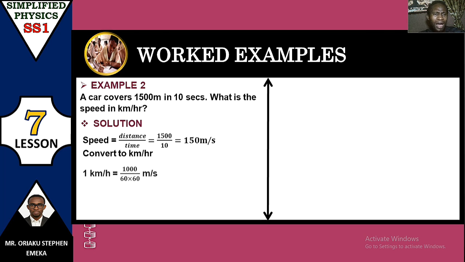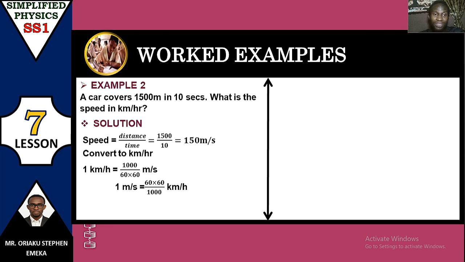How do we convert this to kilometer per hour? Remember, 1 kilometer per hour is the same thing as 1000 over 60 times 60 meter per second. If we now want to make 1 meter per second the subject of the formula, the other part will be reversed. So it is now 60 times 60 over 1000, just by cross multiplication.